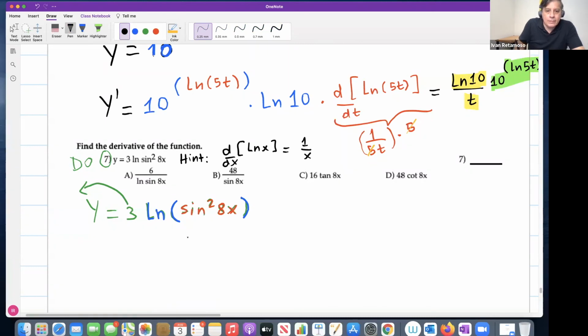Use this formula for this part. For the derivative of outside function, 3 is just a constant, okay? A very tricky question. Very long.